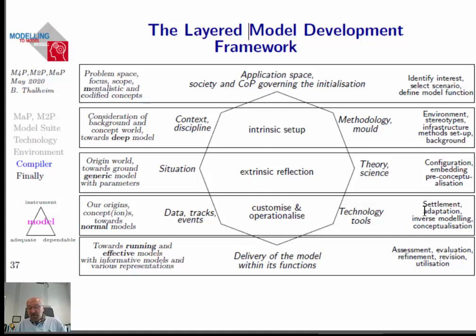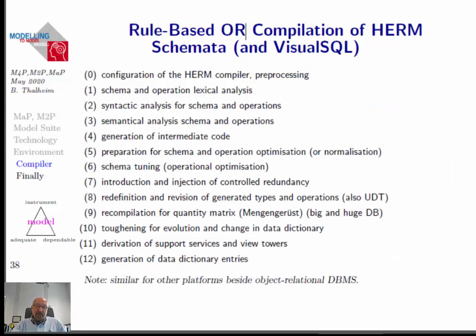That means based on settlement, adaptation, some kind of inverse modeling, as already explained, a very general approach, or some kind of conceptualization. And then you can come down with running and effective models that are assessed, that are evaluated, that are refinable, so that they will have some kind of proper support.